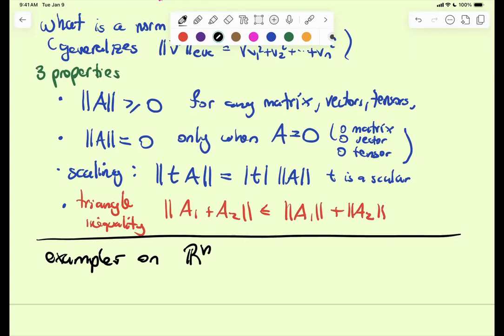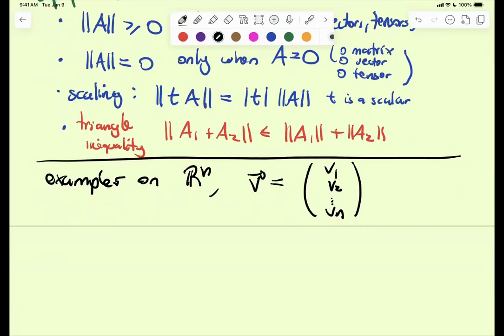If you have a vector with n entries, the L2 norm would be the one that you know, but one is called the L1 norm, and usually you just write a one as a subscript. It's just the sum of the absolute values of the entries. Okay.